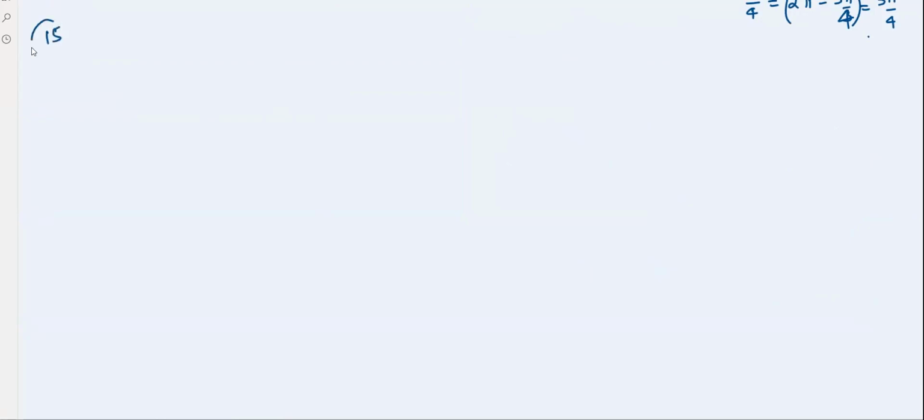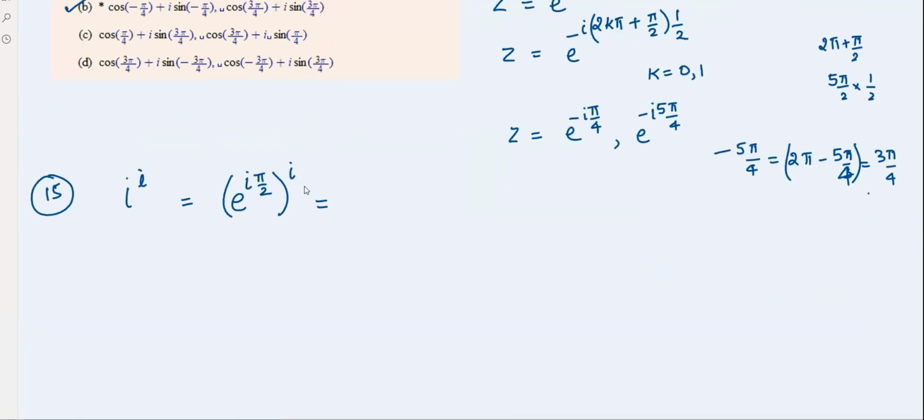I raised to the power I, we should know it is e power I pi by 2, raised to the power I. E power I pi by 2 is I. So you get e power I square times pi by 2, which is e power minus 1 times pi by 2.